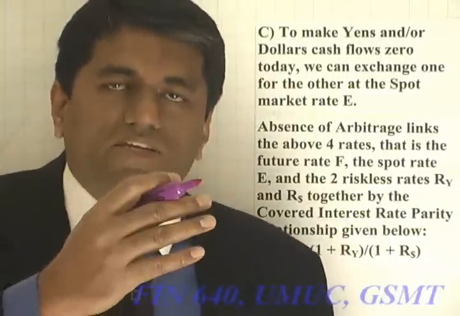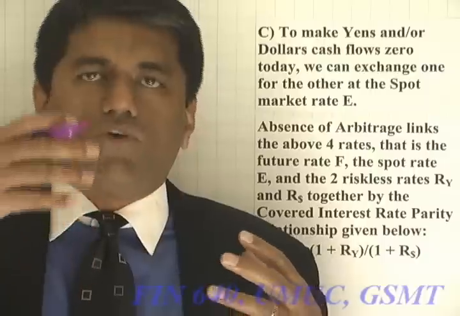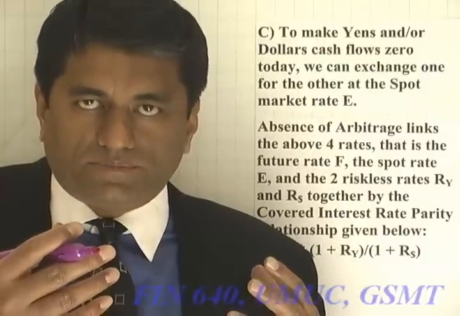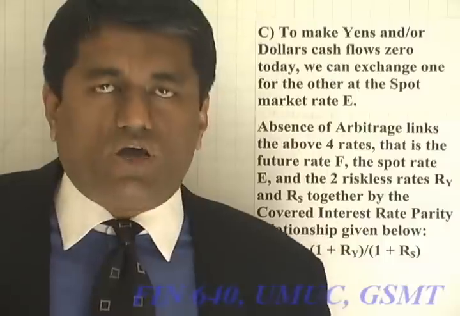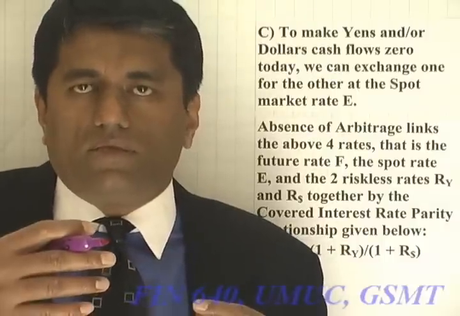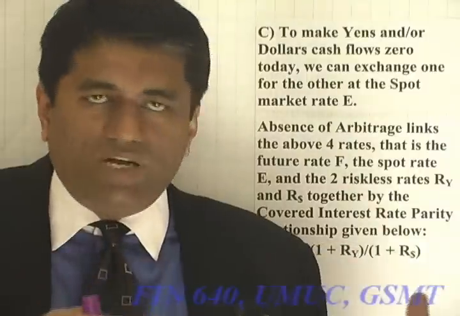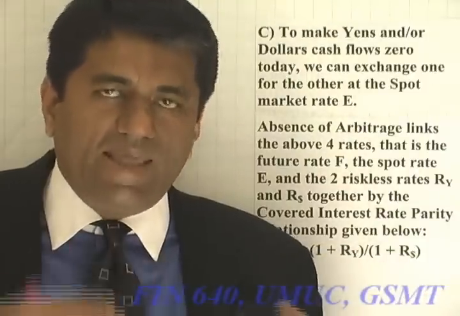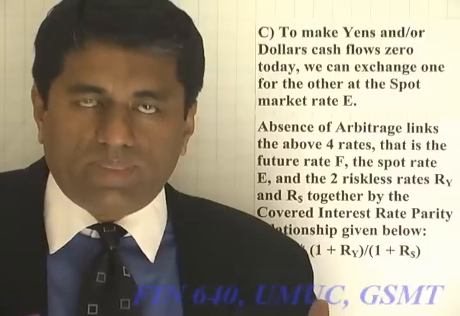To make the yen cash flow 0, we can take our yens to the foreign exchange market. Now we have positive yens and we can convert them to dollars. So we will have positive dollars from converting yens to dollars and negative dollars because we had lent dollars.